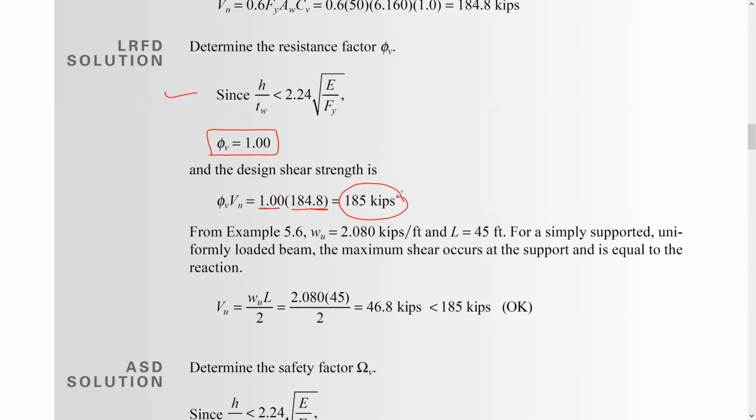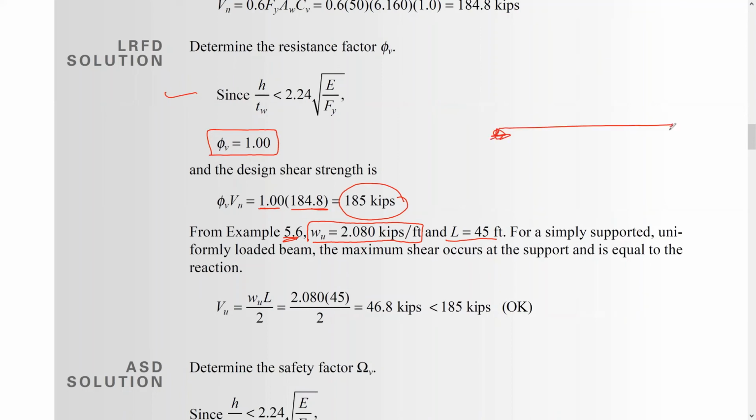Now we need to compare it with the maximum shear for the LRFD method. If you remember from example 5.6, the factored distributed load was this much. If you go back to this example, you will see how we did it. And L is equal to 45, and this is a simply supported beam, guys.